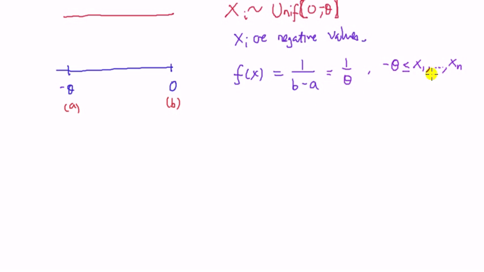Because it's a uniform distribution between 0 and minus theta, that's the lower limit. It must mean that all my x's are values between minus theta and 0. So I could have an x here, x here, x here, pluck out all these x's. They can't drop below minus theta, so that's why minus theta is less than or equal to these guys.